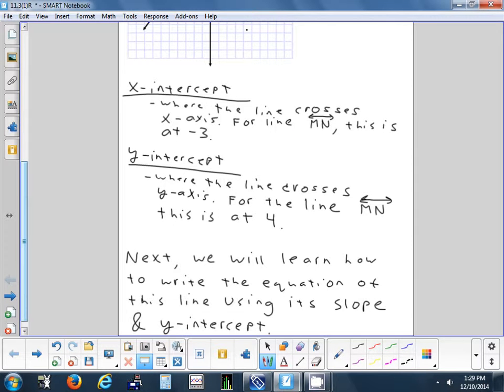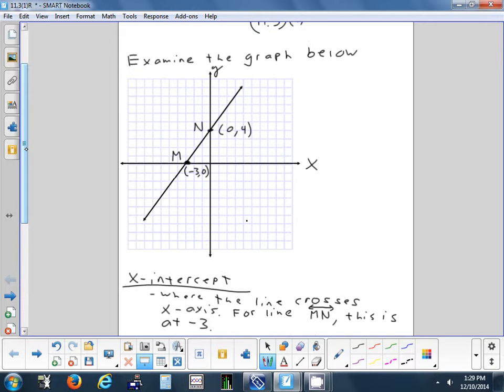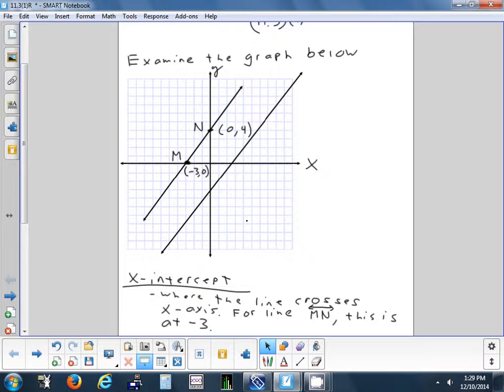All right, so next we're going to look at how you actually write the equation of a line using the slope. That's one thing you need to know. Slope and the y-intercept. The reason you need both is because, let's take a look at this line. If you compared the slopes of the two lines that I've drawn, what would you say about the slopes?